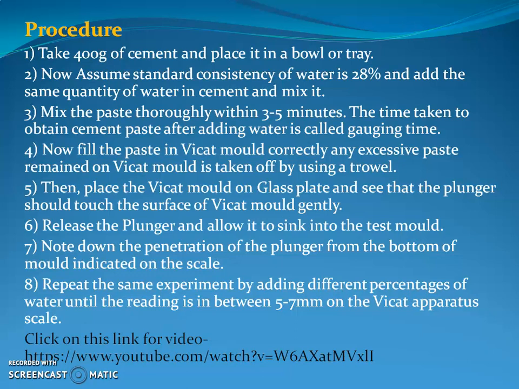Note down the penetration of the plunger from the bottom of the mold indicated on the scale. Repeat the same experiment by adding different percentages of water until the reading is between 5 to 7 millimeter from the bottom of the Vicat apparatus scale. For watching this video, click on the link as given in the slide.